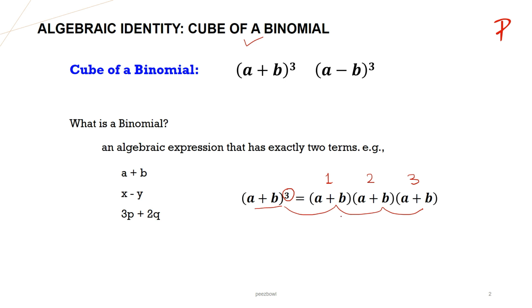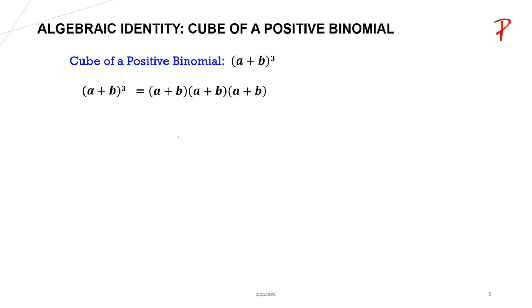Okay, so let us understand how this expands. We are learning the cube of a positive binomial, that is a plus b to the power 3. We already know a plus b to the power 3 is equal to a plus b multiplied by itself 3 times. So let us solve it in two parts. In the first part, we expand the first two binomials, that is a plus b multiplied by a plus b.